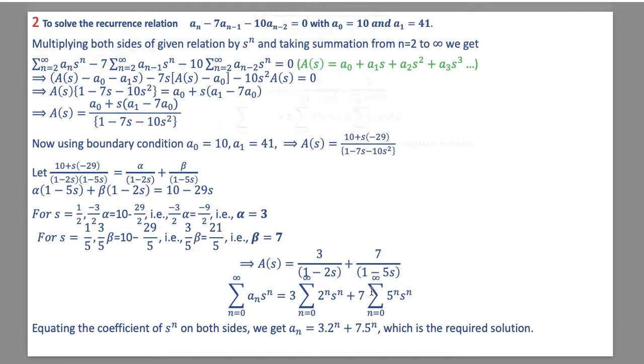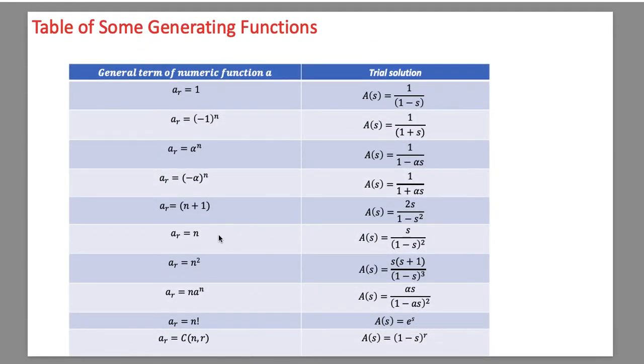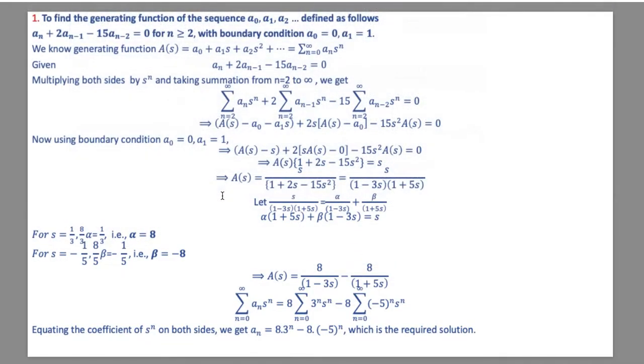So I have used this because if this is 1 upon 1 minus s whole square, then this is n plus 1. If it is 1 minus alpha s, the numeric function is alpha raised to power n, and if it is 1 plus alpha s, then it is minus alpha raised to power n.